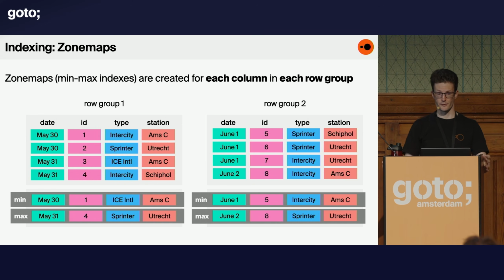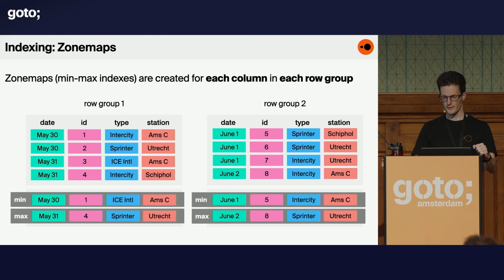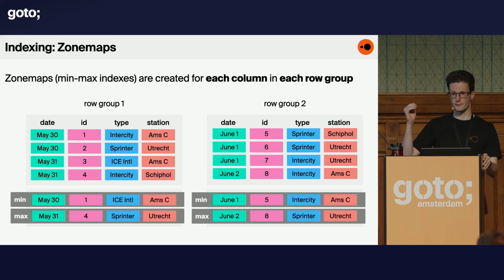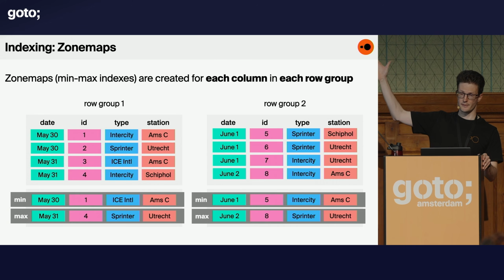The other idea that works really well in DuckDB, and it's probably not talked about enough, is zone maps. So DuckDB creates zone maps, also known as min-max indexes, for each column in each row group. And this works really well if the column is ordered or almost completely ordered. For example, you can see that for date, for the first row group, we here created min, max, May 30, and May 31st.